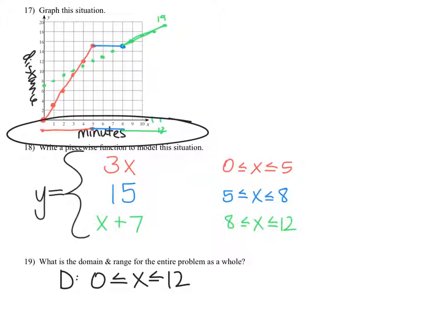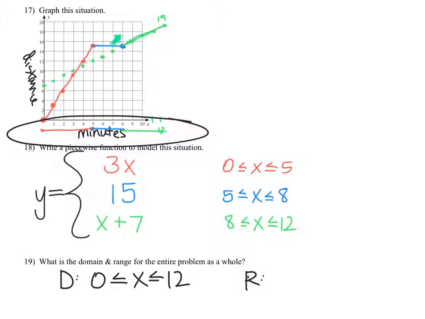And then for the range, so domain are your x values, and on this problem, we found that by taking these graphs and squishing them down to the x-axis, realizing that it runs from 0 to 12. So think about the y-axis. In distance, we're running from 0 all the way to 19.